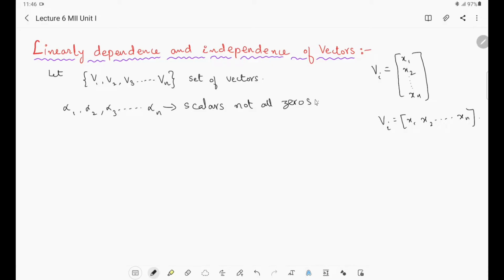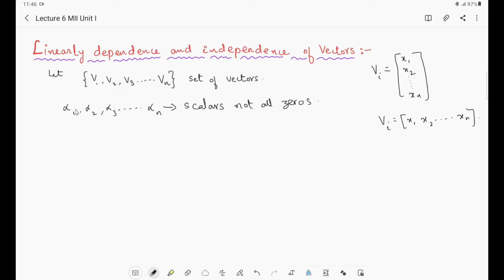What is the meaning? Not all zeros means some of them will be non-zero, right?